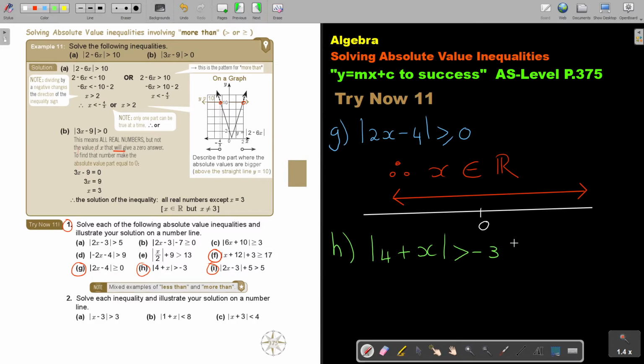So you have to think, if you're going to do that one, it's going to be exactly the same answer. So it's also an element of R, and it's going to be exactly the same number line.